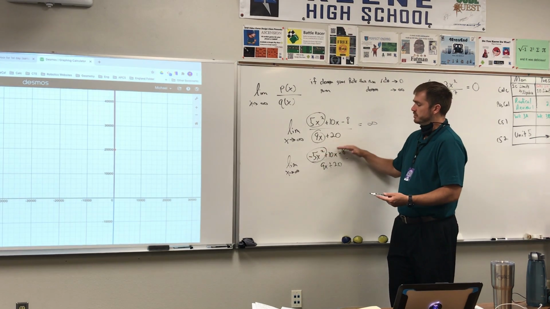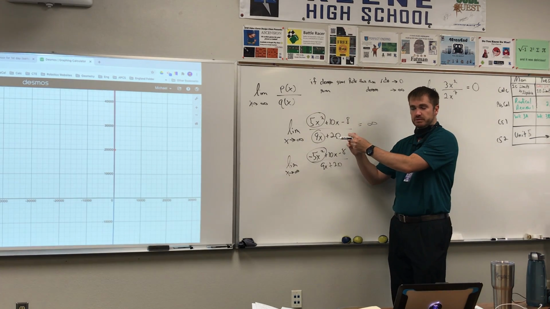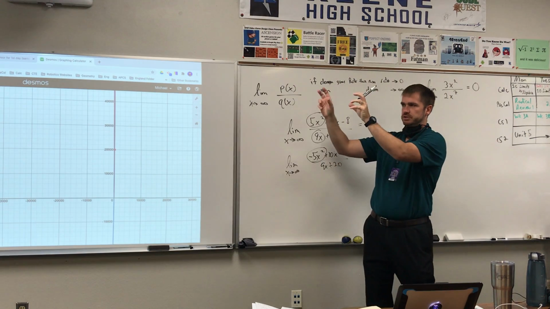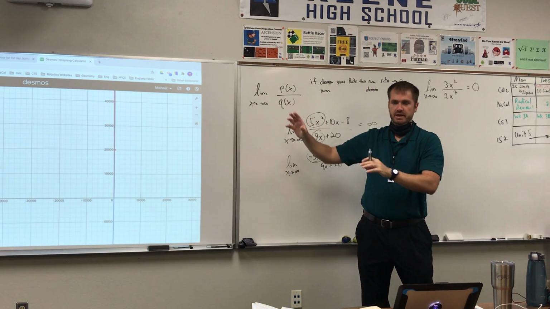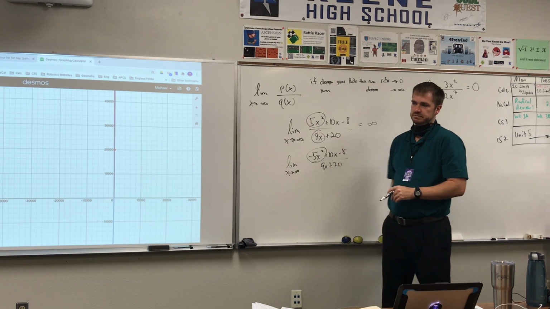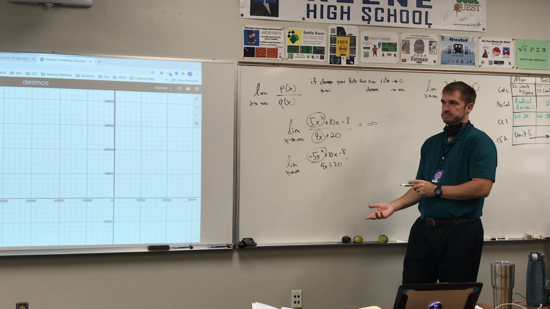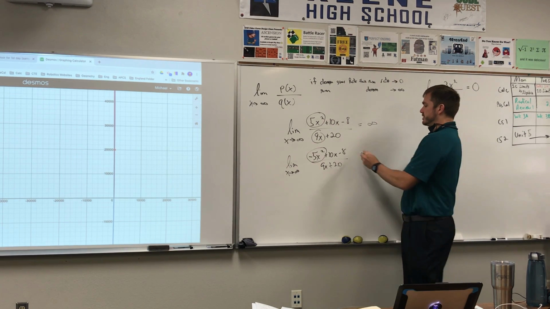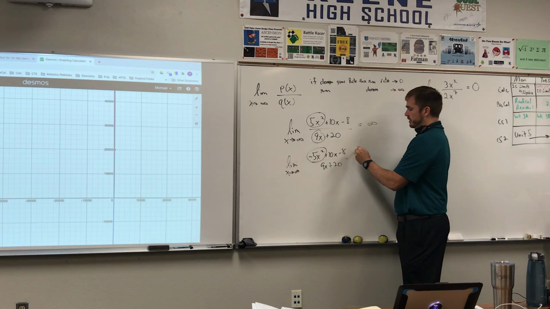So this numerator is not getting larger and larger positive, it's actually getting larger and larger, so to speak, negative, right? It's going to be -5 billion, -5 trillion, whatever. So this numerator is approaching negative infinity.